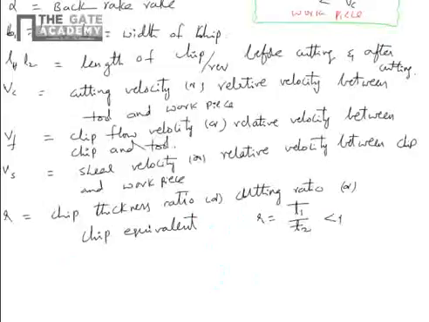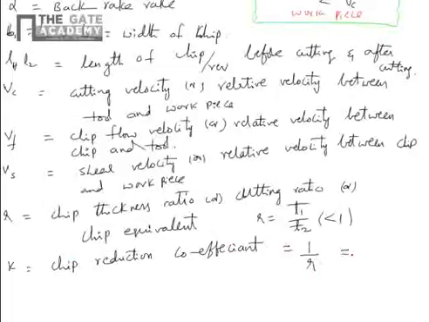It's always less than 1. K equal to chip reduction coefficient, which is nothing but the inverse of the chip thickness ratio, equal to T2 by T1. It's always greater than 1.